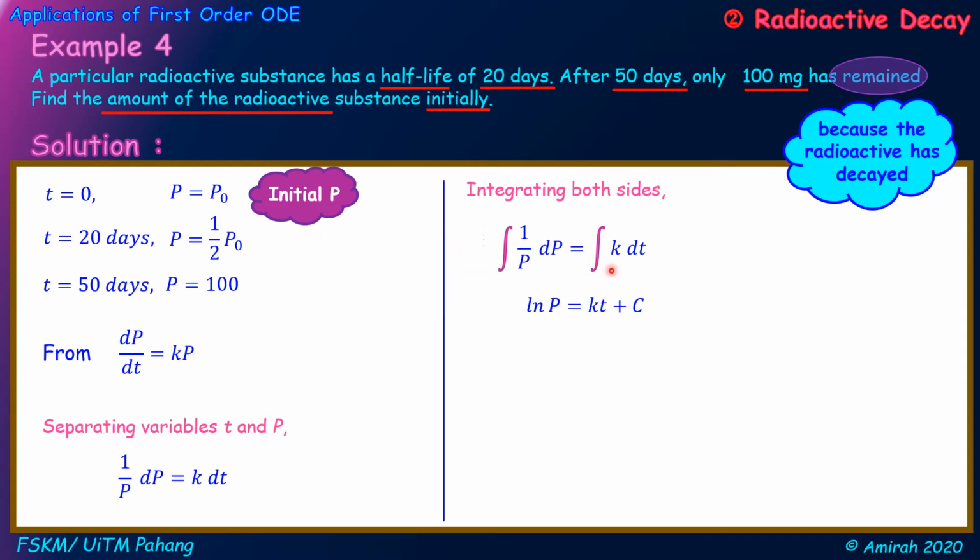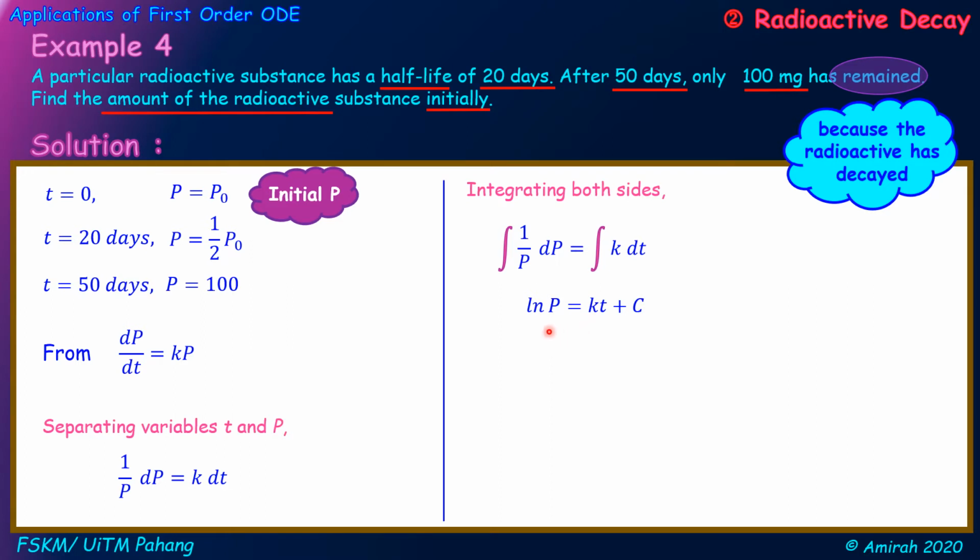When we integrate k dt, we can refer from integration of 2 dx. 2 is constant, k here is constant. When we integrate constant with respect to x, we get constant x plus c. So when we integrate constant dt, the answer should be constant t plus c, and constant here is k.